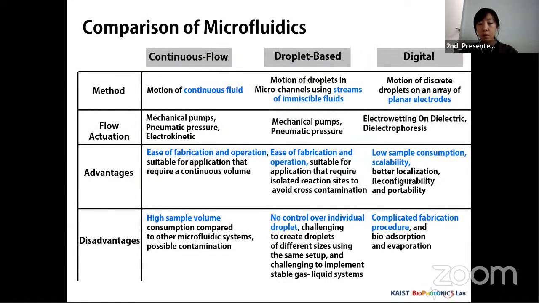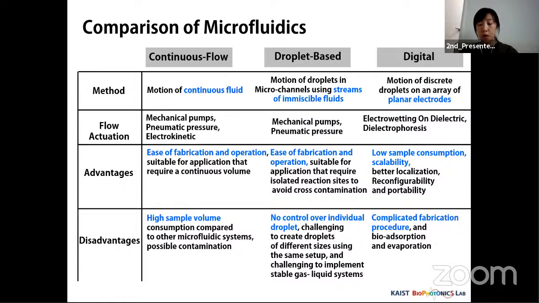There are three types of microfluidics. Continuous flow refers to the continuous flow in a channel and is easy to fabricate and operate. But the sample consumption is higher than all other systems. Droplet-based moves droplets using the flow of the fluid in the channel.